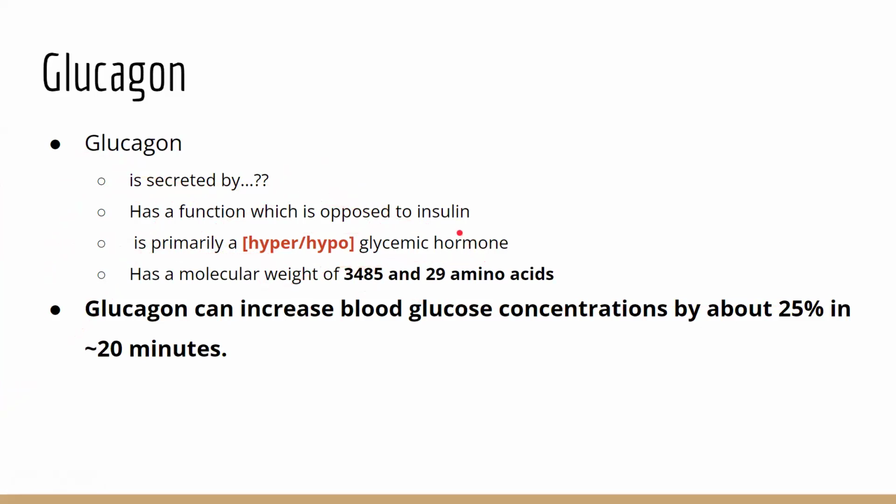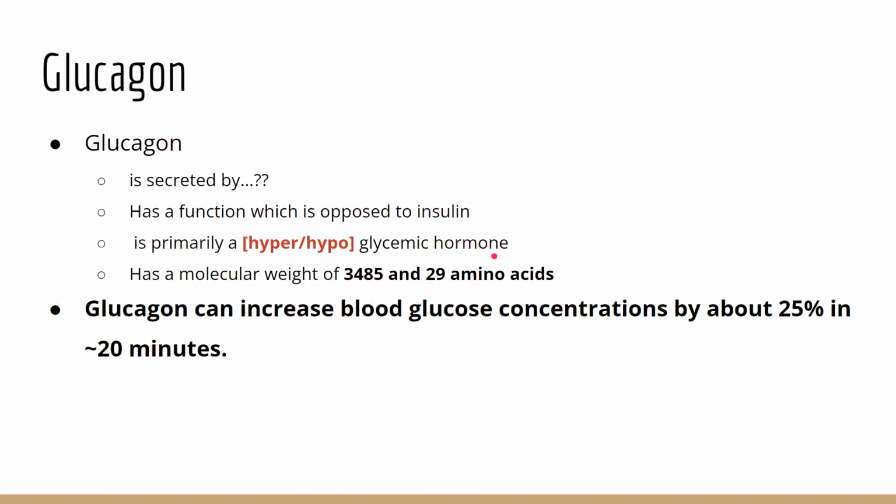Do you want to increase or decrease blood glucose levels with glucagon? It's going to increase blood glucose levels, right? Because we already have a hypoglycemic hormone, something that wants to decrease blood glucose levels, and that's insulin. Glucagon has a molecular weight of 3,485 and 29 amino acids.